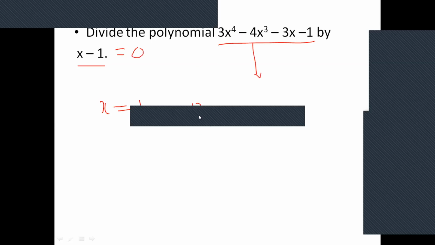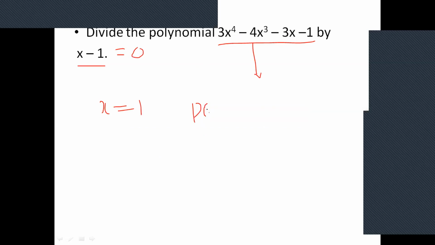So this one now here. What is the answer here? You have x equal to 1, and I know that this is p of x. So I have to substitute here p of 1, correct? So what is p of x?